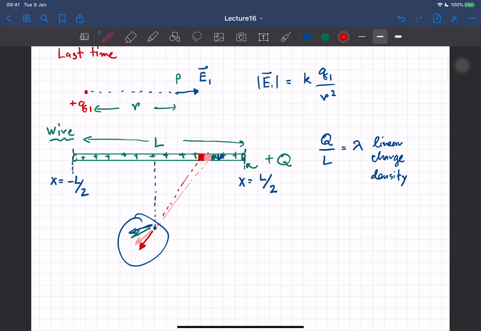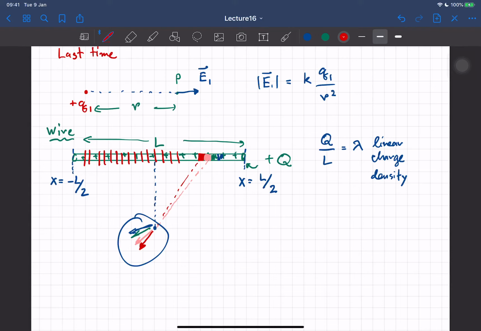So the fact that we can cut up this rod into many sections, and if each section is small enough, then we can treat them as point charges. So we can just add electric field from every single point charge that we have, and then we're going to recover the total electric field. So that's what we're going to do.